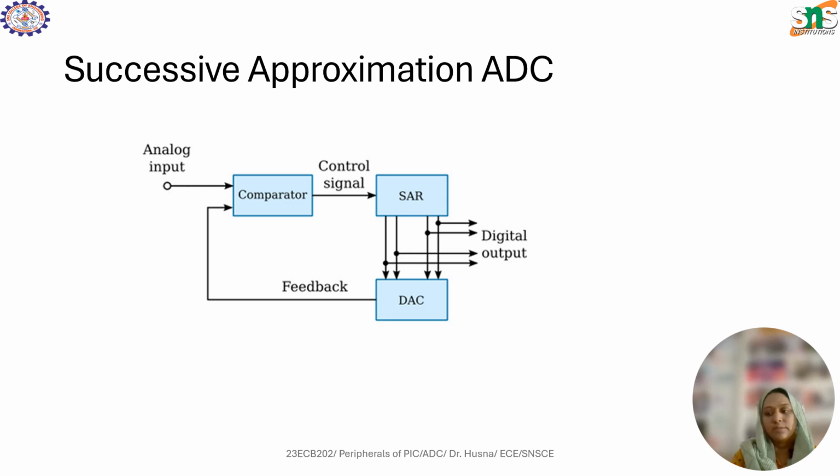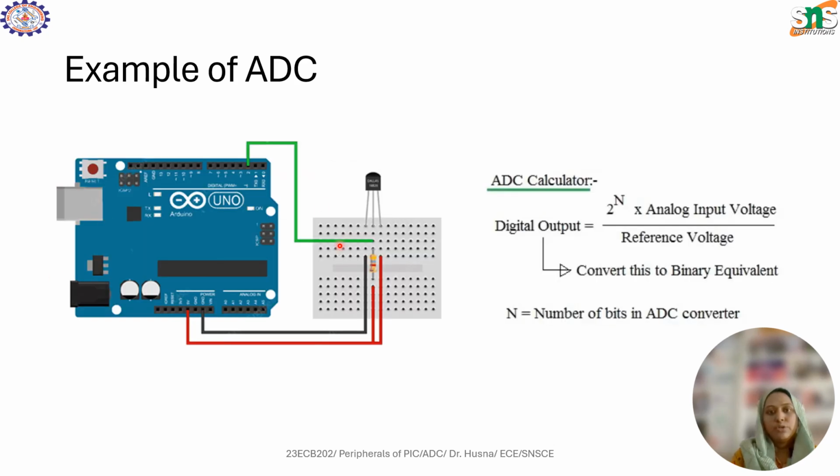For instance, when we use ADCs, for example with a temperature sensor where the analog input is converted into digital for temperature visualization, we use an ADC.